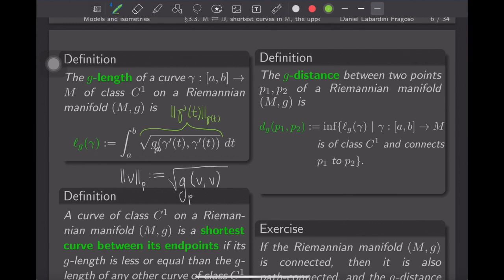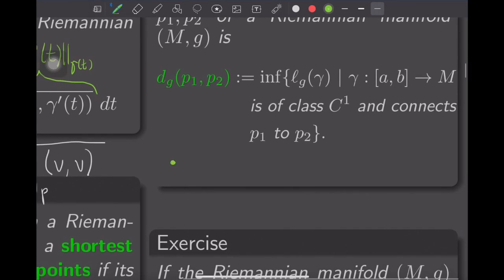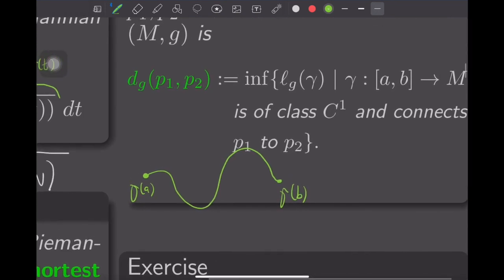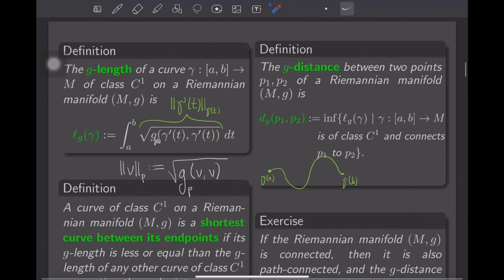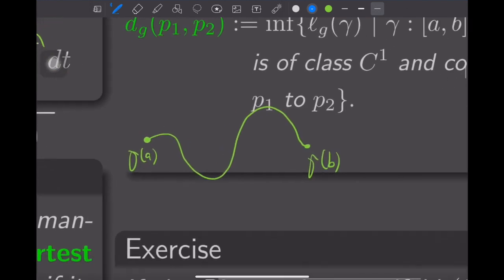Now, what's the idea? I have my curve, with the point gamma of A and the point gamma of B. I can approach it as we did in calculus of several variables: partition the interval AB into finitely many segments, and map the points of the partition to get their images.